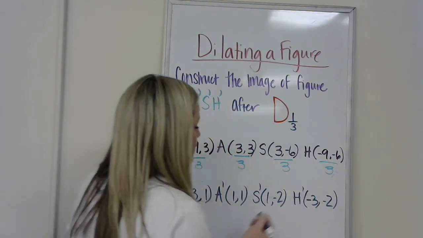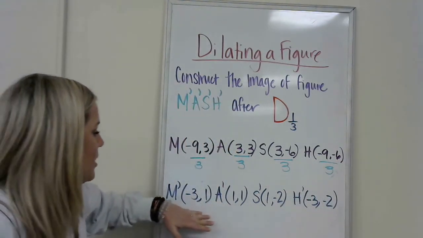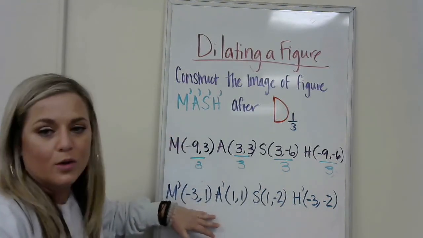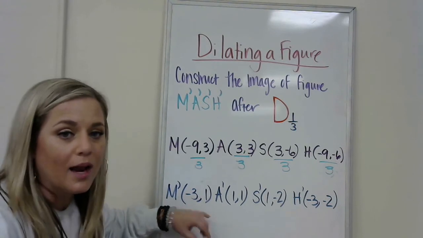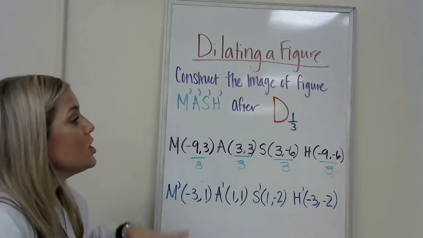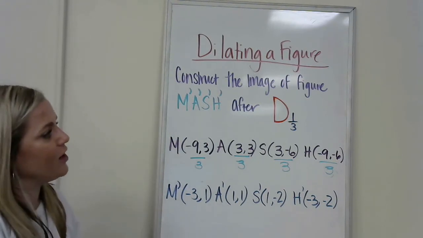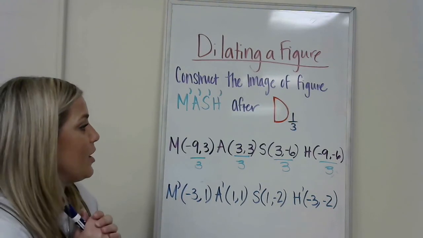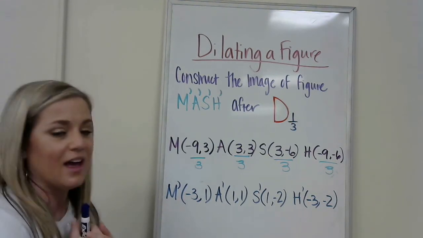So here are my new prime points that I would plot. It should be smaller when I'm done, and it should be the same shape. Just remember that dilated figures are proportional, so make sure you're paying attention to the sides.